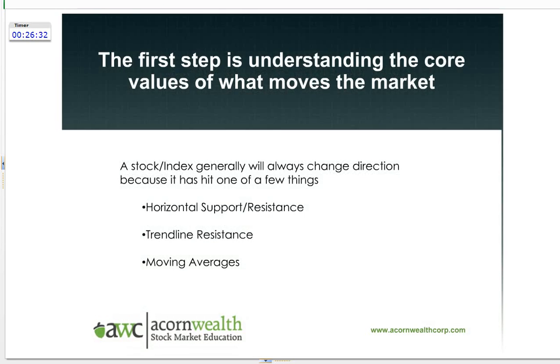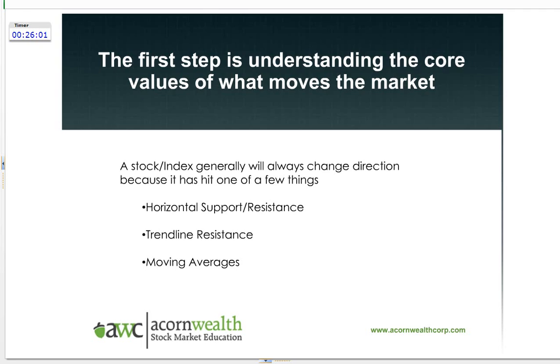But the first step to understanding how to trade with the smart money is to firstly understand the core components that move the market in the first place and how the smart money trades. So basically, in my opinion, a stock or index will generally only change direction because it has hit one of a few things: a horizontal support resistance line, a trend line resistance, or moving averages.